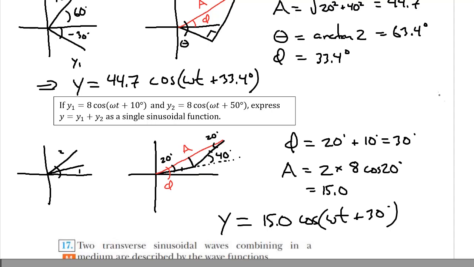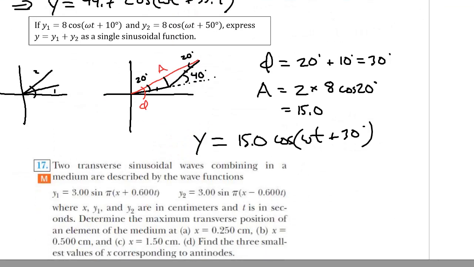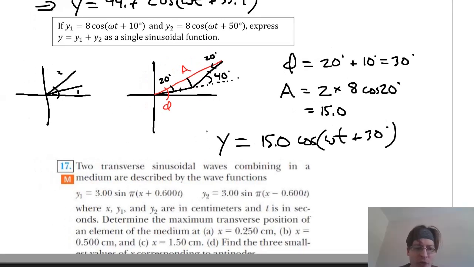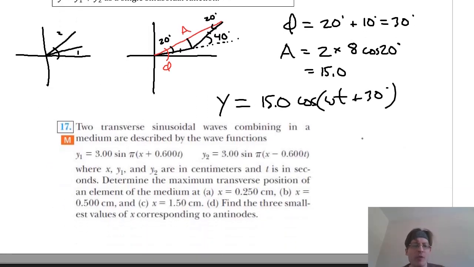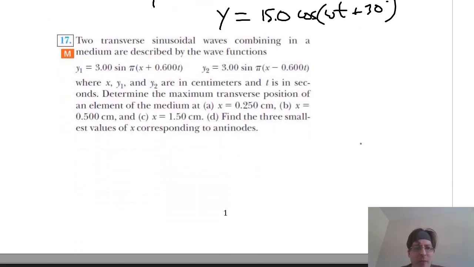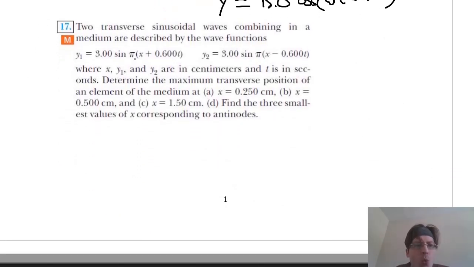Now, it is only helpful when the waves are of the same frequency. Like both of them have to be cos omega t. In this next example, we're adding two waves together, but they're oppositely moving waves. One of them, y1, is traveling to the left, and y2 is traveling to the right.